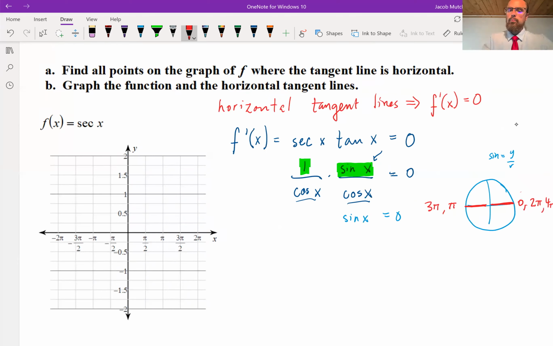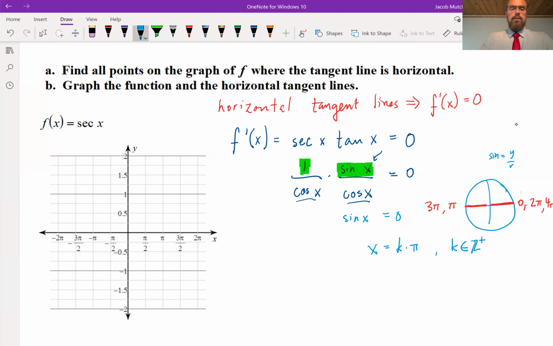So basically what I can say is that x equals k times pi, where k is a constant positive integer. We'll just limit it to the positive integers. And that would describe all the peaks on sine where we're seeing that value of 0.